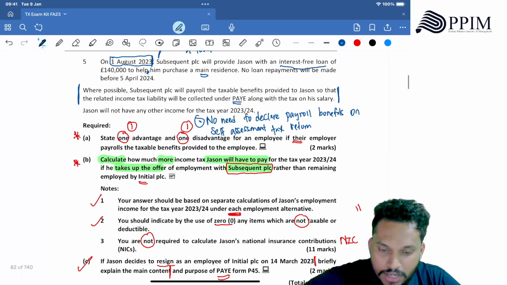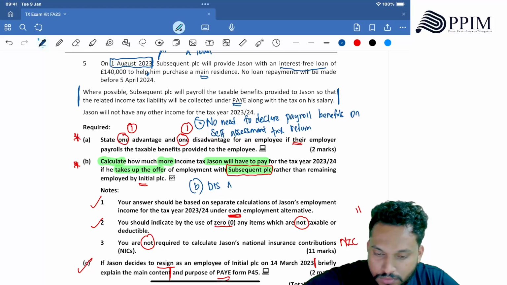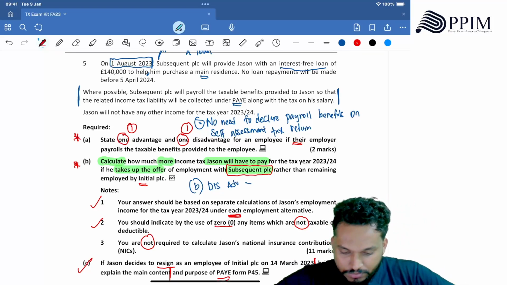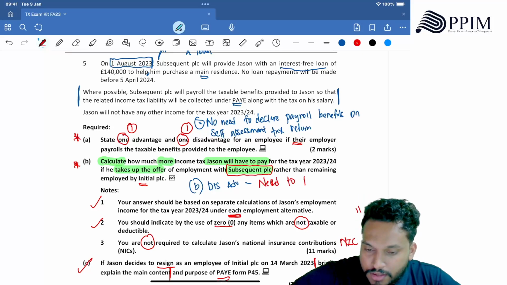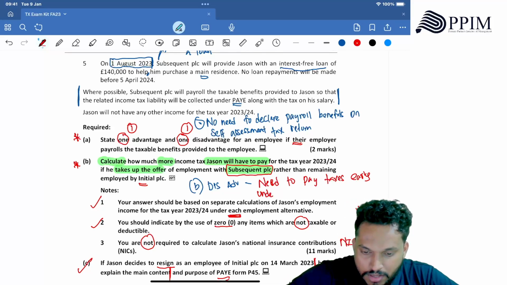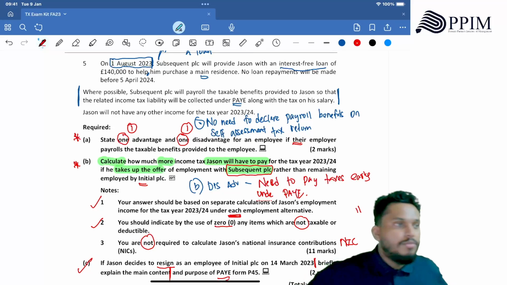So what is the disadvantage? Need to pay taxes early under PAYE. You know that?